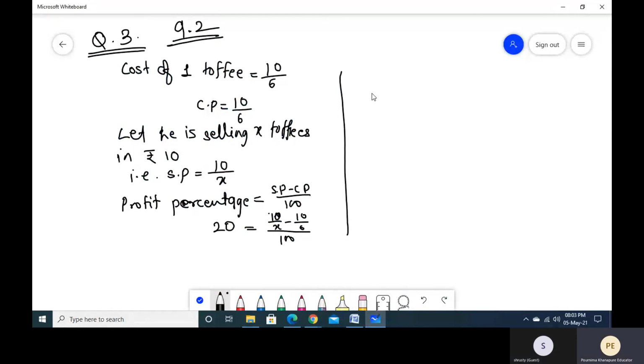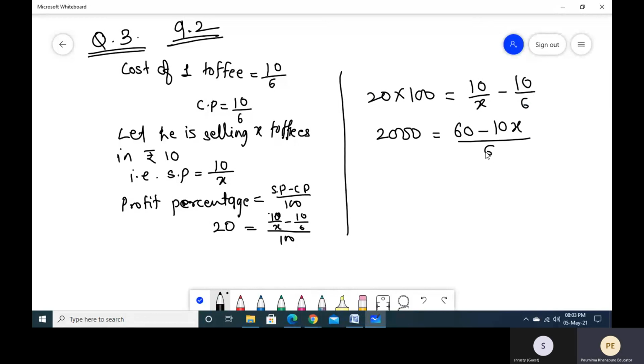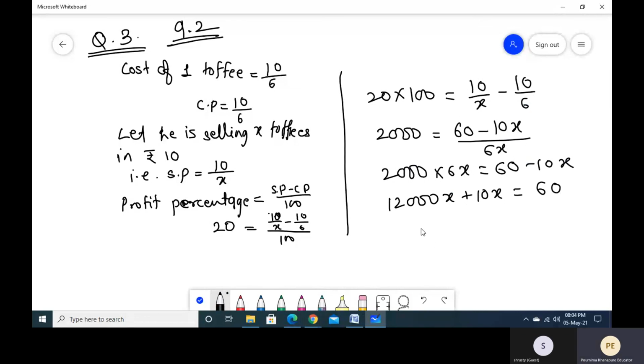Okay. So 20 into 100 is equal to 10 upon X minus 10 upon 6. 2000 is equal to 60 minus 10x upon 6x. 2000 into 6x is equal to 60 minus 10x. 12,000x plus 10x is equal to 60.